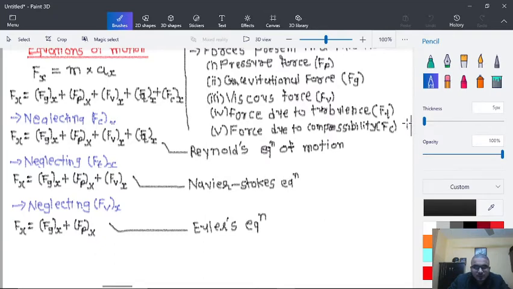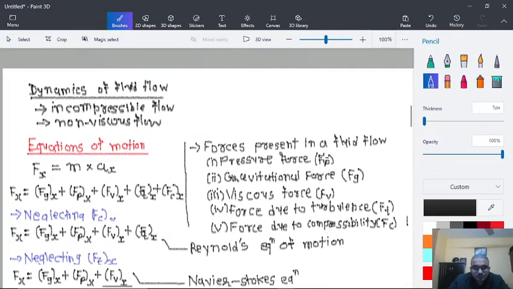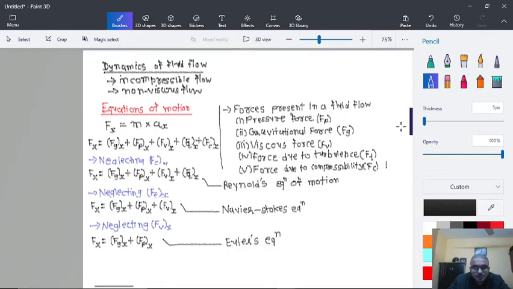So this is about the equation of motion. So let's copy this into our main slide.